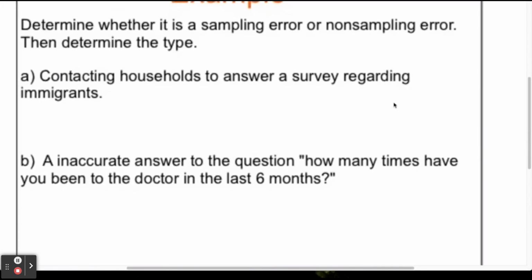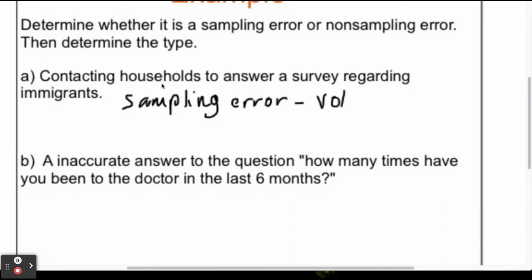So it says determine whether it is a sampling error or non-sampling error, then determine the type. So it says contacting households to answer a survey regarding immigrants. Okay, and so, in this case, you are probably looking at a sampling error, because it says you are contacting households to answer a survey regarding immigrants.